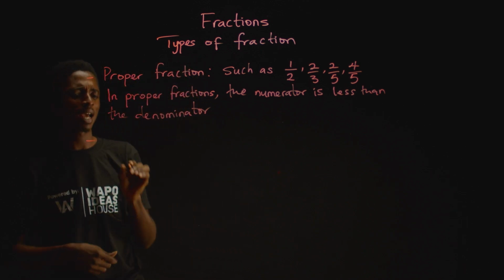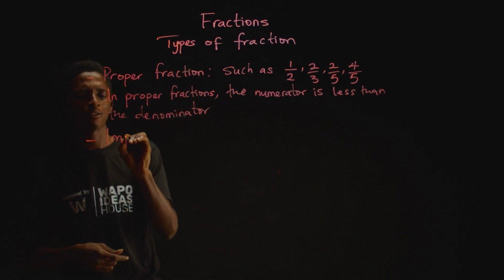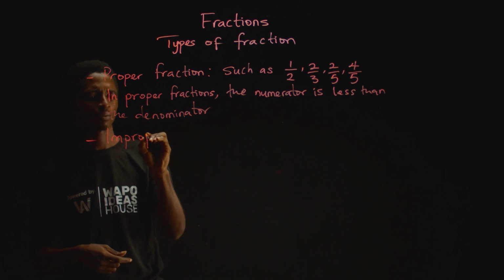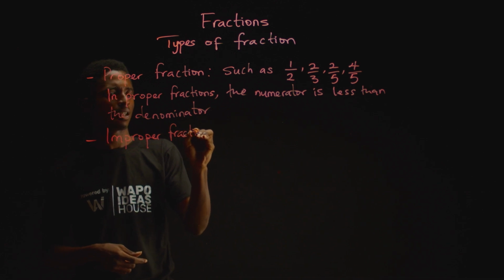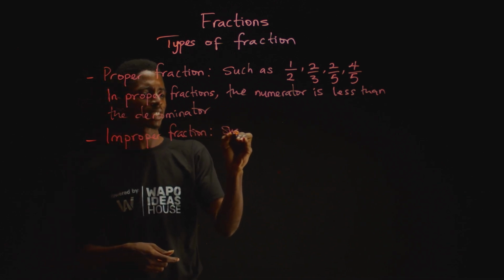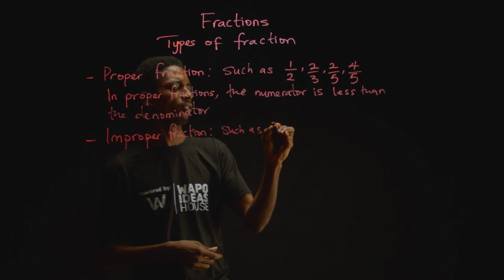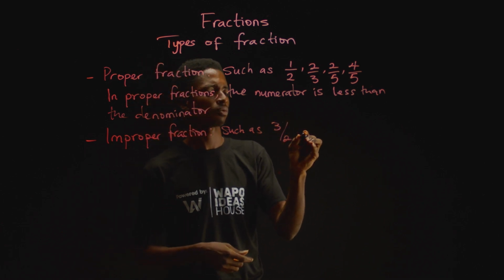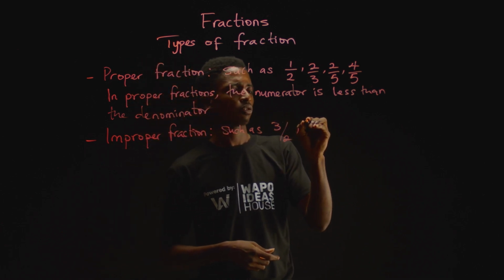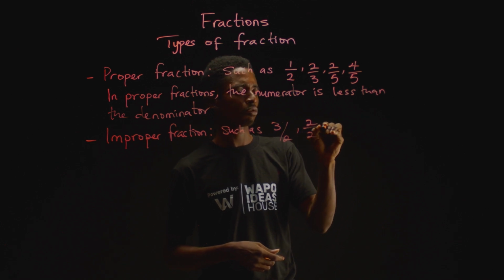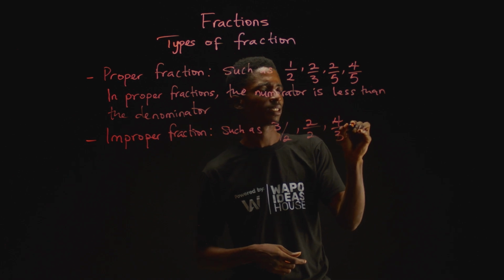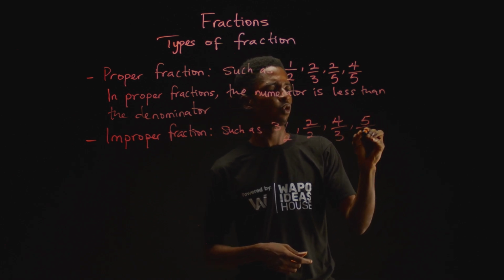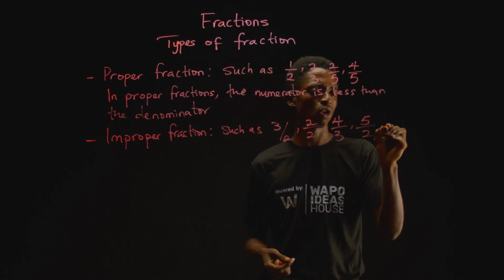Another type of fraction we have is the improper fraction. The improper fraction, such as 3/2, 2/2, 4/3, 5/2, and so on.